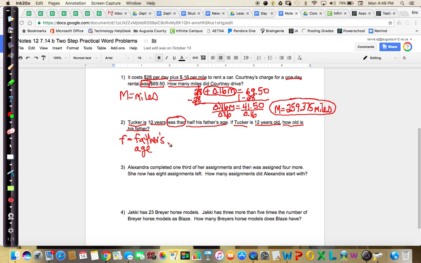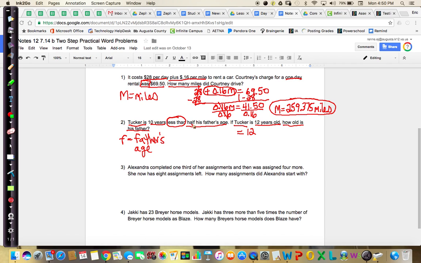Okay, so trying to figure out how to set this problem up. It says Tucker is, which means the equation is going to equal Tucker's age. And of course, if we look down here, Tucker is 12 years old. So the equation is going to equal 12. Now, it says 10 years less than half his father's age. Well, we know 10 years is 10. We know less than means minus.